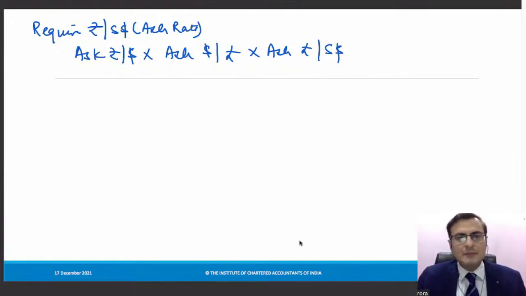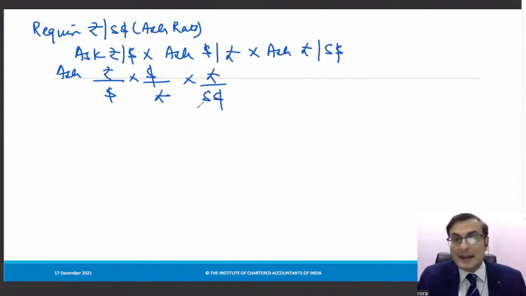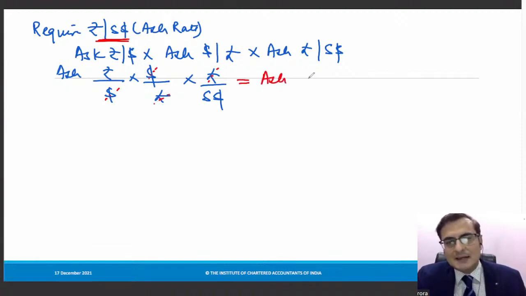So what will be the impact of this? Just I'll write here ask, by dollar. This will get cancelled out, beta, into pound by Singapore dollar. At the end, what will I get? This will get cancelled with this, and this will get cancelled with this. And the resultant is ask rupee by Singapore dollar.